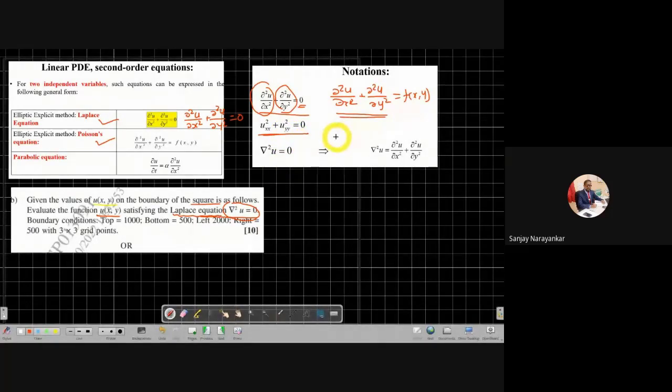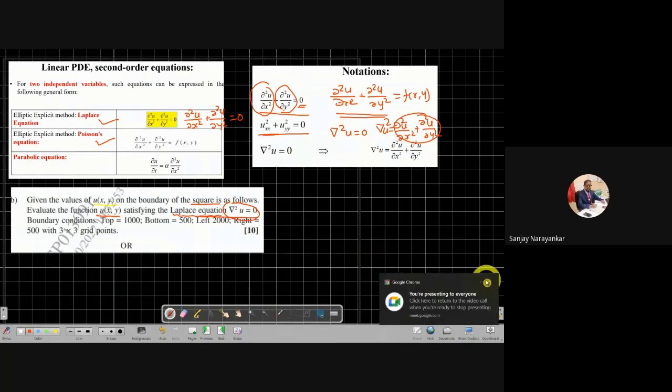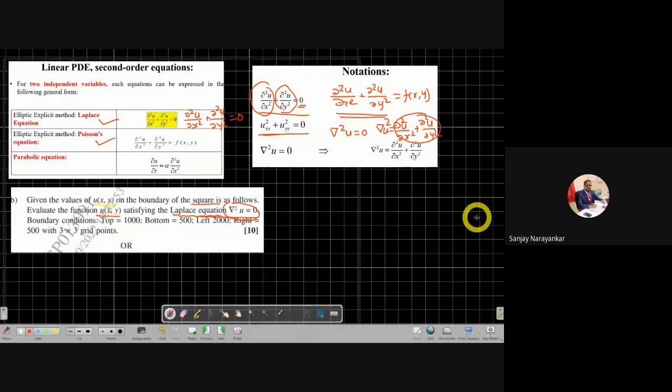The same can be represented like del square u is equal to 0, where del square is nothing but del square upon del x square plus del square upon del y square. And if I'm adding u, that means you are taking the second order differentiation of u, which is the function of x,y, right? You can stop me anywhere if you are not able to understand.